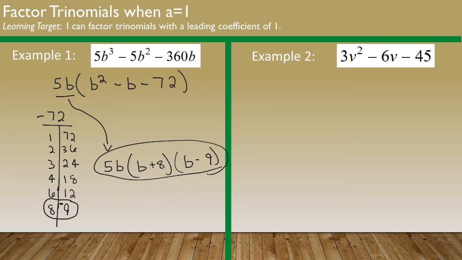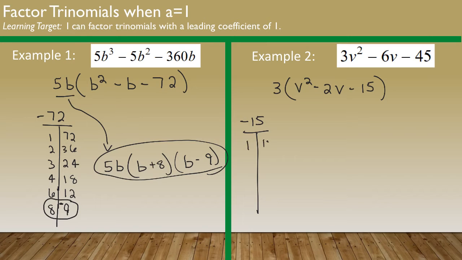Okay, next one. Notice that all of these things can be divided by 3. So we're going to pull 3 out. So we're left with v squared minus 2v minus 15. So again, we're going to look for factors of negative 15 that also add to make negative 2.